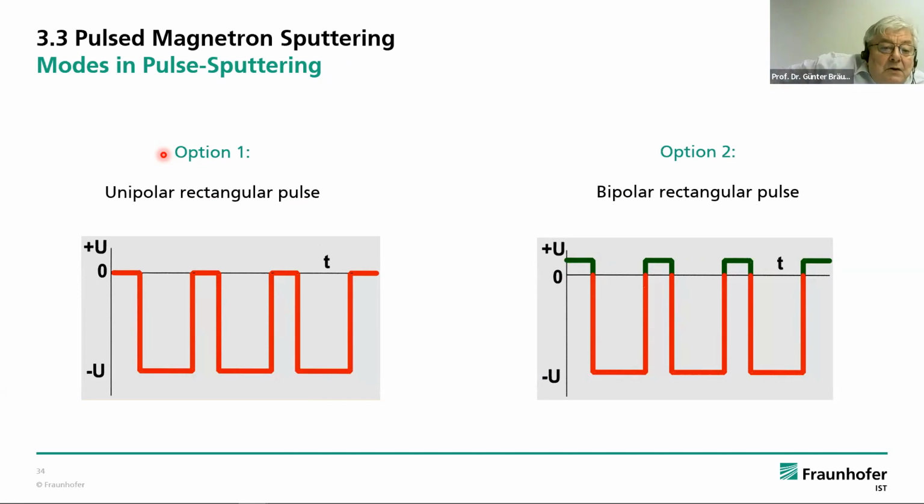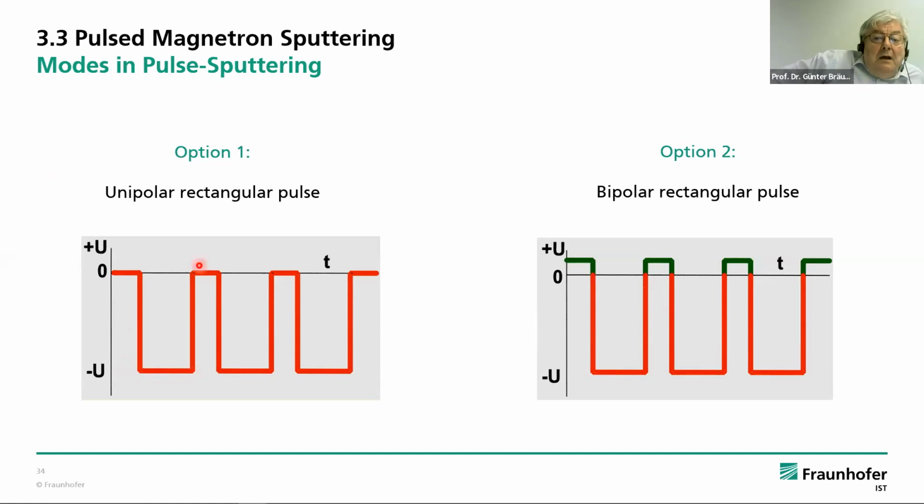So what can you do? Option one is you can use a unipolar rectangular pulse with one cathode. That could help a little bit, because an arc cannot develop over a long time because you switch off. What you see here is the big disadvantage: you lose deposition rate.